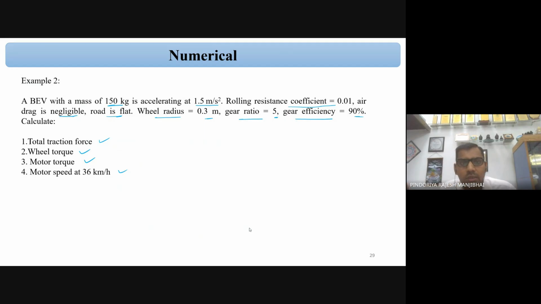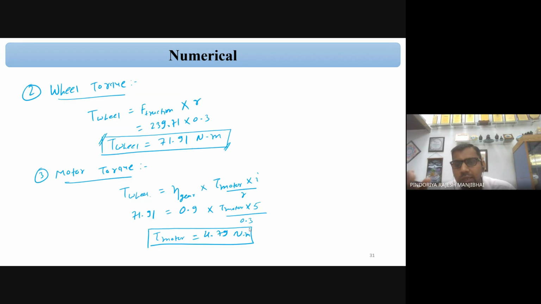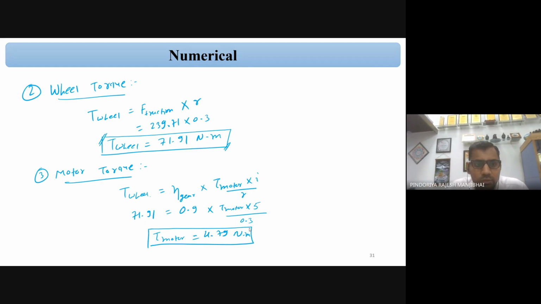I think so, but I am not sure. Most probably it is because of the high gear ratio, so speed is high and torque is low. But I have to check. As of now, based on this formula, we got the wheel torque 71.91 and motor torque 4.79.